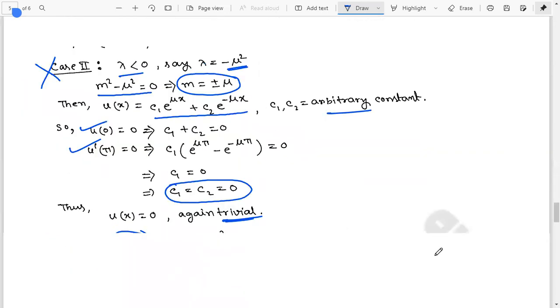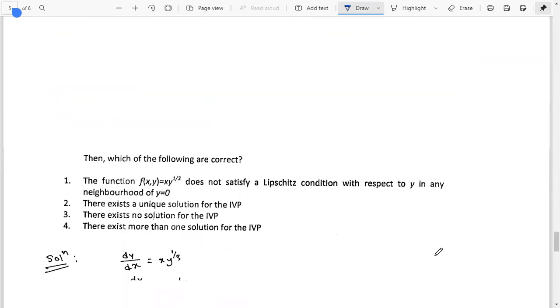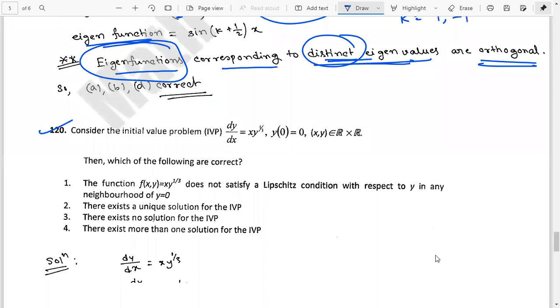Let's go into the next problem, question number 120. This is an initial value problem. dy/dx equals x y to the power 1/3, and the condition is y(0) equals 0, where x and y are from R cross R. Which of the following are correct? Option 1, the function f(x,y) equals x y to the power 1/3 does not satisfy the Lipschitz condition with respect to y in any neighborhood of y equals 0.